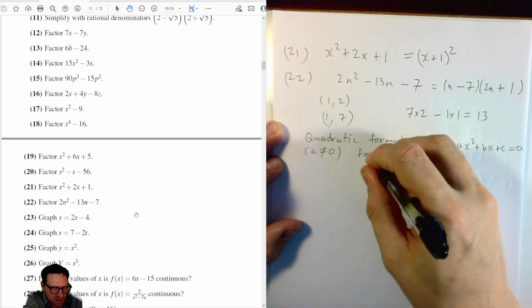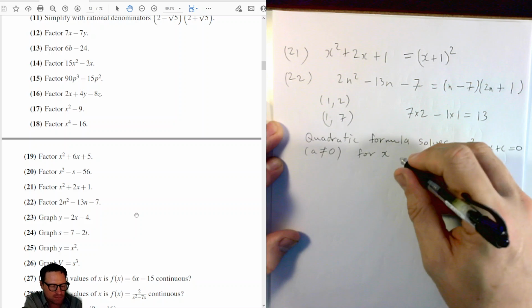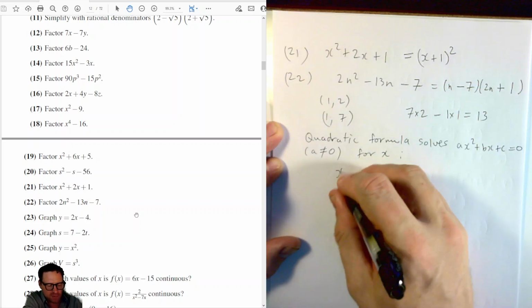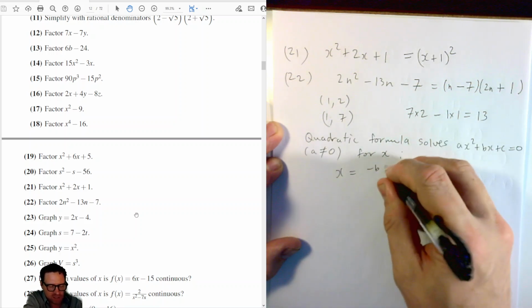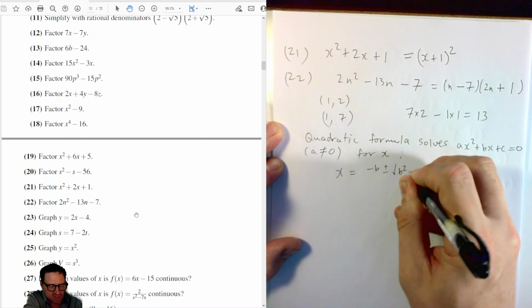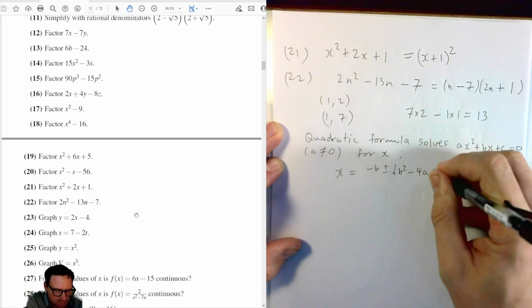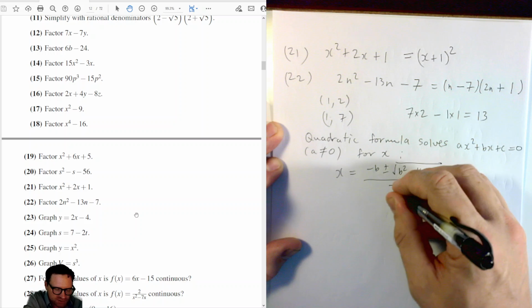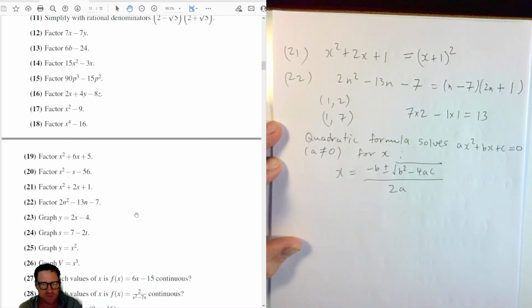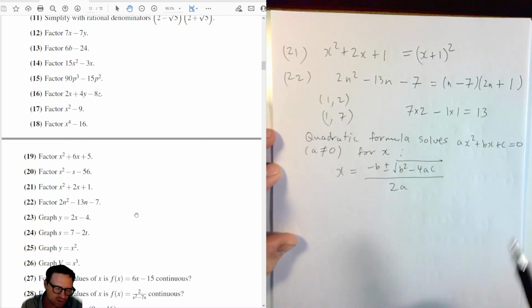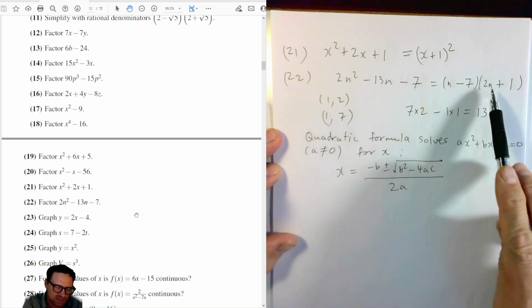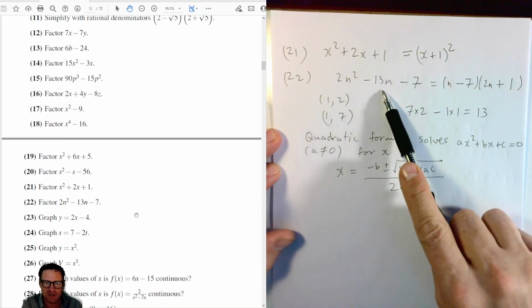It solves this for x via a formula. X equals negative b plus or minus the square root of b squared minus 4ac all over 2a. All right, so that's the quadratic formula. So how can we use the quadratic formula to factorize this expression here?